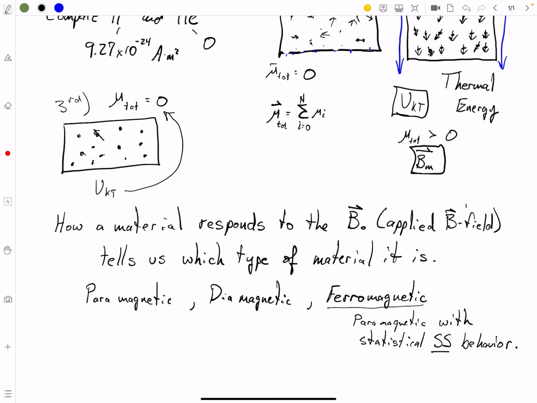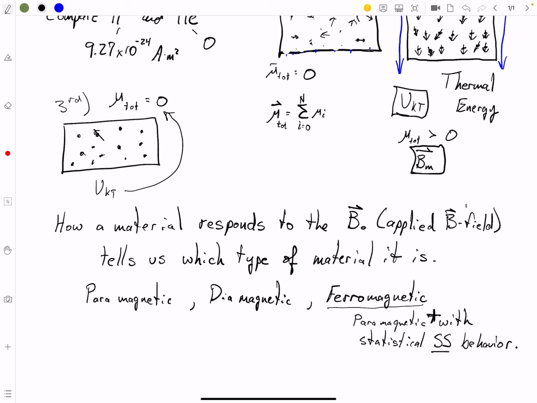So because of the crystalline lattice that it forms, it shows additional stuff. So it's paramagnetic plus, okay, with a big plus, because it's not a small effect.